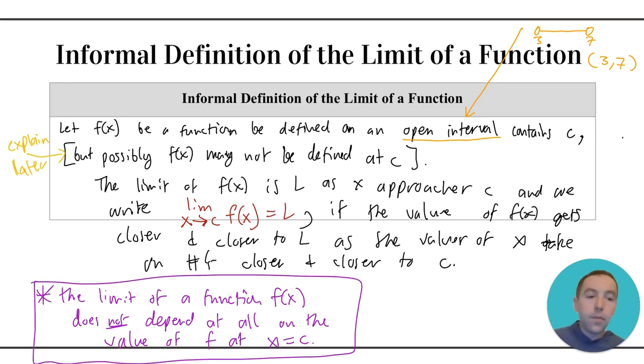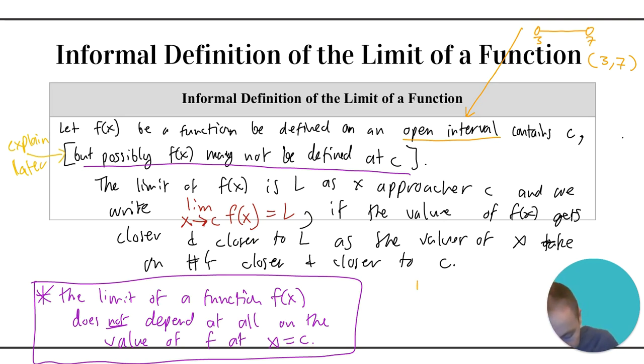Okay. That does have a lot of connection to what I noted up there about f of x not being defined at c. Okay. So, yeah, what the value of the function is at c has nothing to do with the limit. It's all about the behavior heading towards c, right?